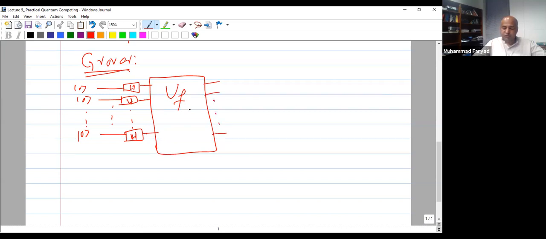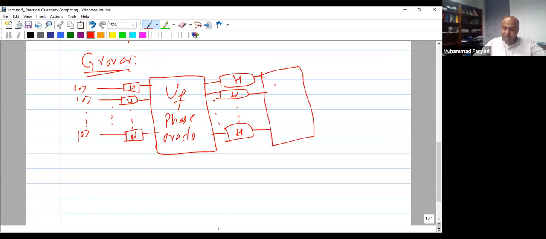So once you pass through this phase oracle, then we take the Hadamard transform again of all the qubits, and then we implement another phase oracle, but this time this function has nothing to do with the database.